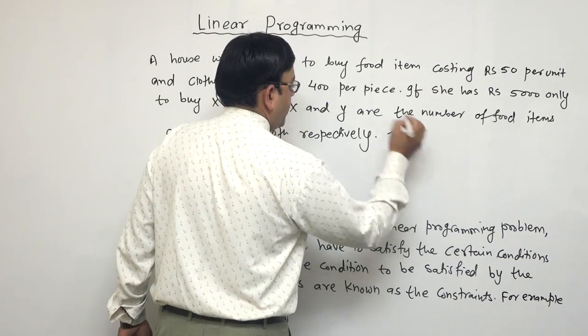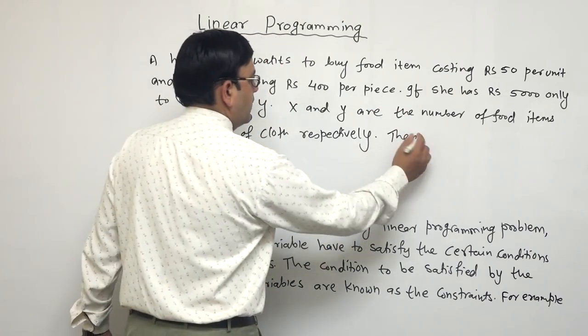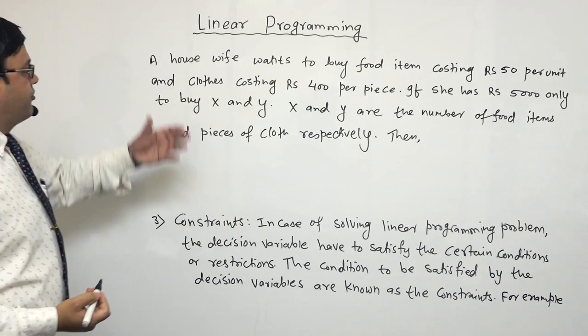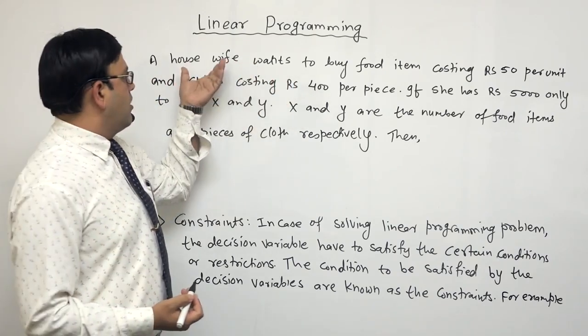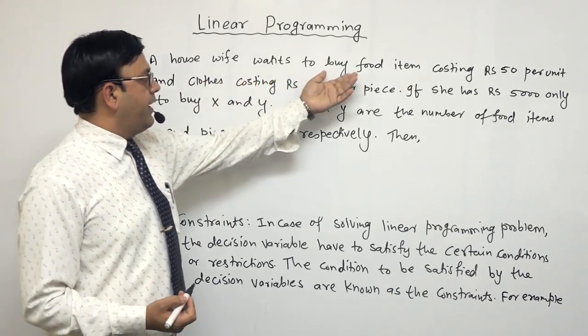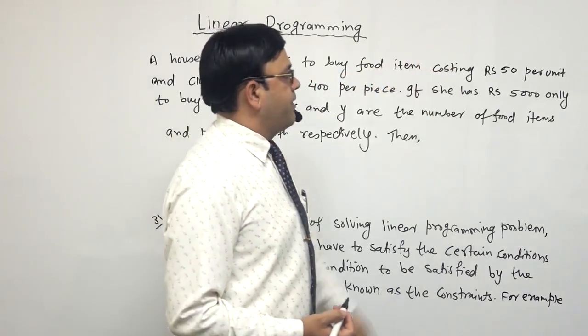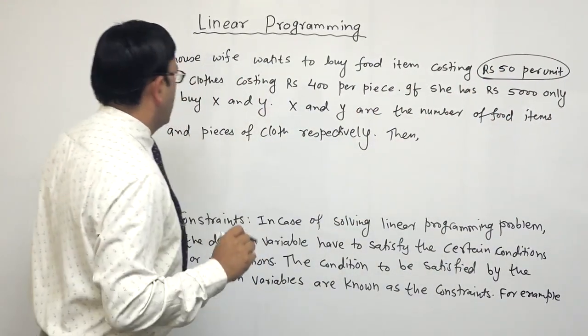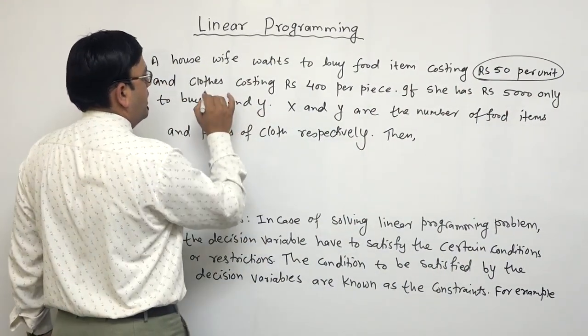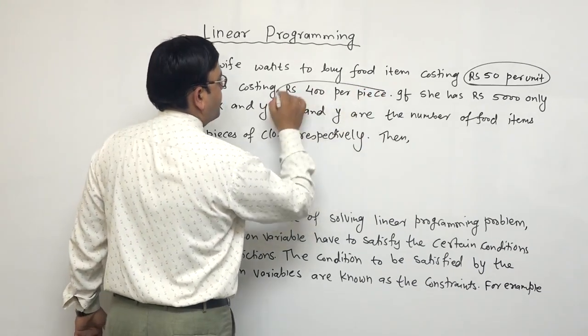Then according to this example, here is a housewife who wants to buy food items costing Rs 50 per unit and cloth costing Rs 400 per piece.